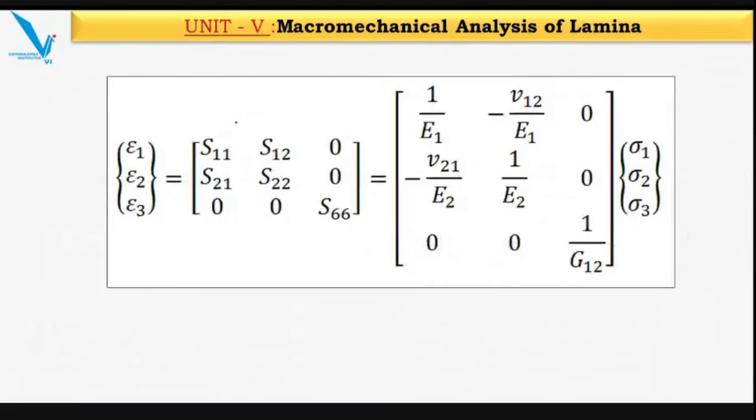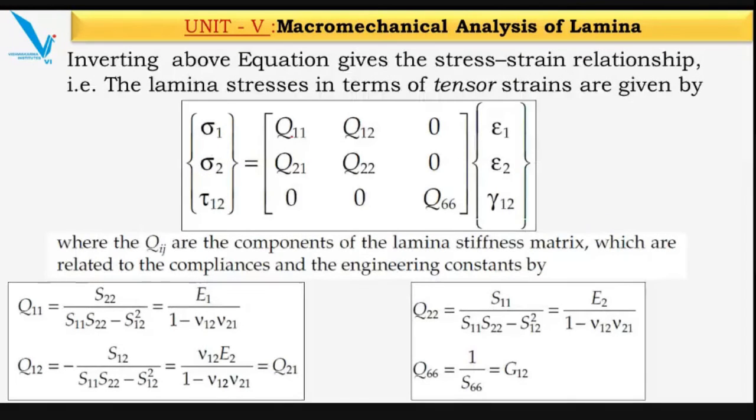Take the inverse of the compliance matrix. You will get the sigma matrix equal to this, which we are calling Q. Again notations. So sigma is equal to Q into epsilon, or C you can say. Epsilon 1, epsilon 2, gamma 12, sigma 1, sigma 2, and tau 12.